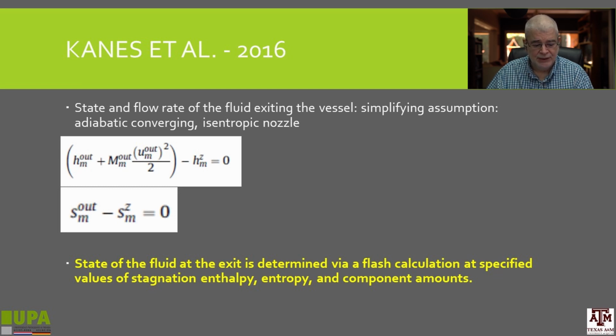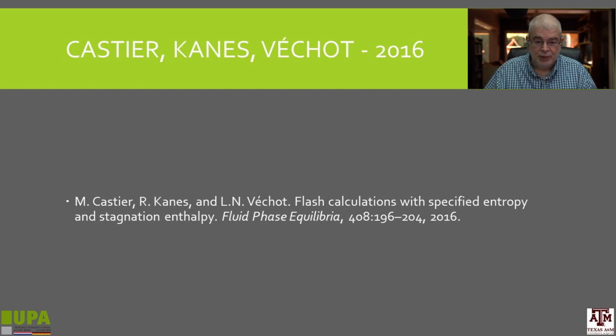Assuming it's isentropic, I have an enthalpy specification and an entropy specification, and this is a flash with specified values of stagnation enthalpy, which is enthalpy plus kinetic energy, entropy, and component amounts: an HS flash. Because we had that problem, we set out to develop an algorithm to do that.